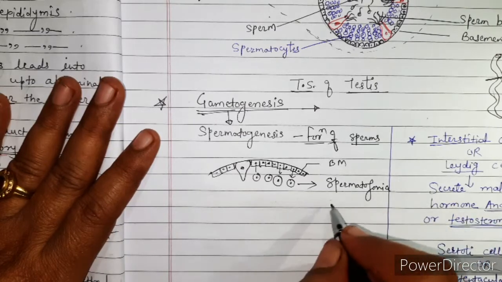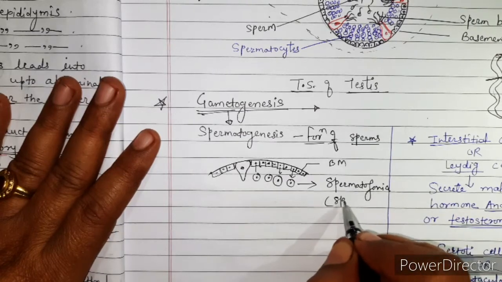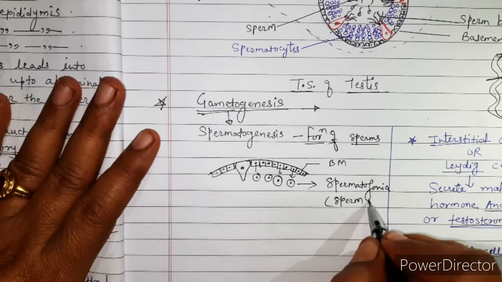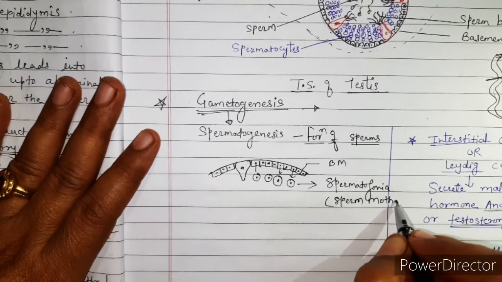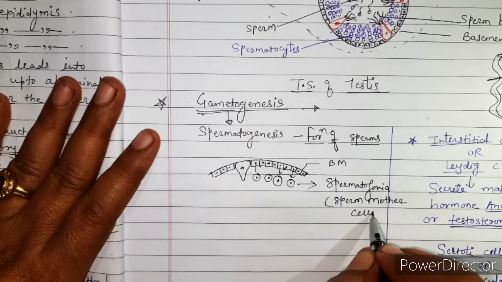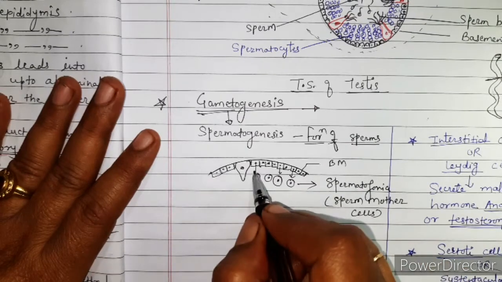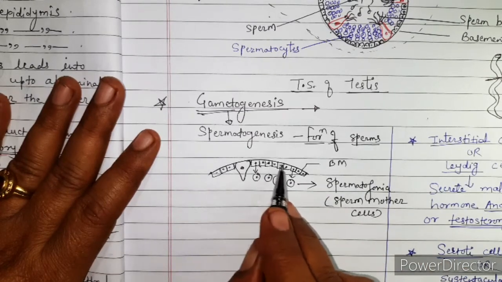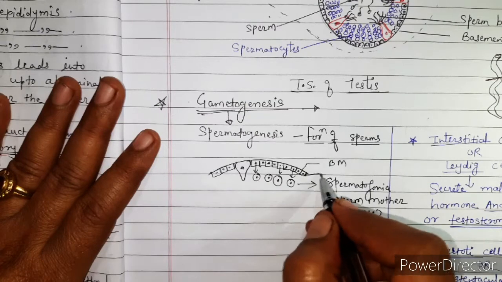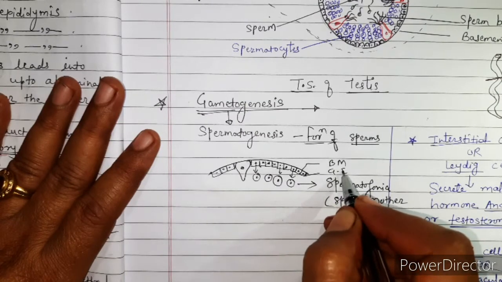Spermatogonia are also called sperm mother cells. So sperm mother cells are formed from the germinal epithelium.